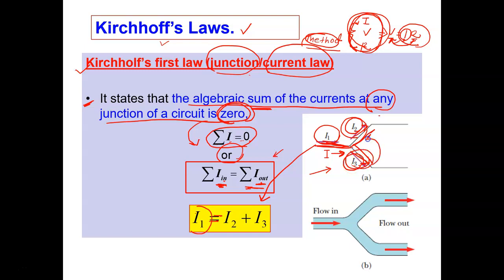So following this law, I get an expression for this junction, which is I1 equal to the total of I2 plus I3.